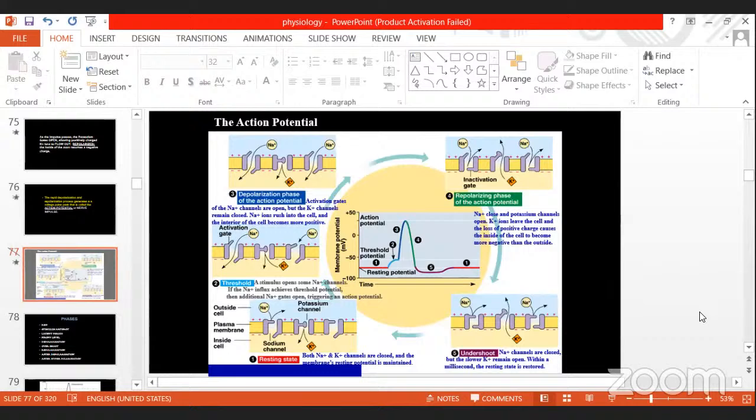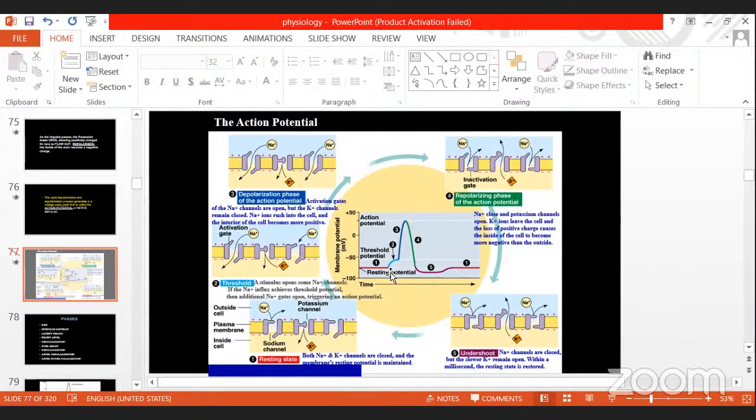So if we see this action potential, at resting state, both the sodium and potassium channels are closed, and at a threshold level, a stimulus opens some of the sodium channels, and if the sodium influx achieves a threshold potential, more sodium channels will open. First, there is a slow opening of the sodium channels.